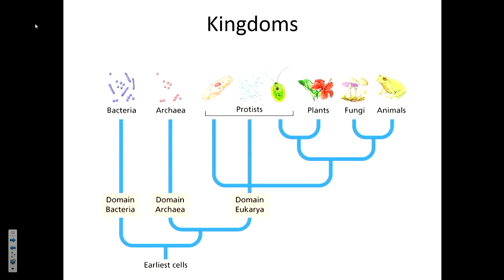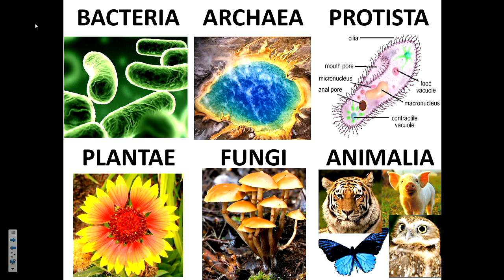You want to see the connection between all those different examples. We want to be able to know those domains, know those kingdoms, and these are the 6 kingdoms: bacteria, archaea, protista, plantae, fungi, animalia.